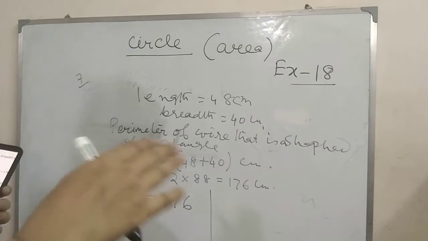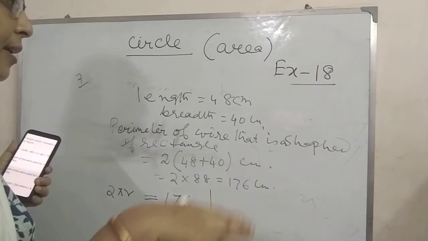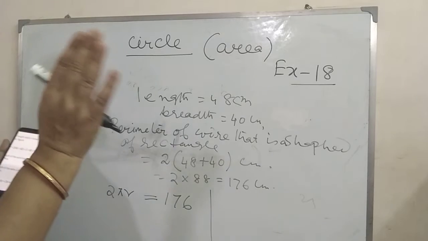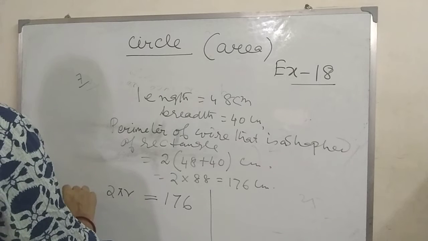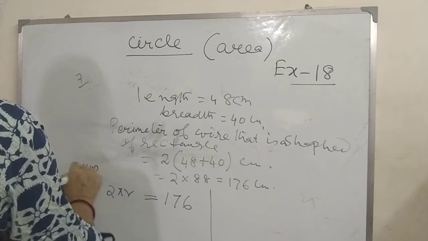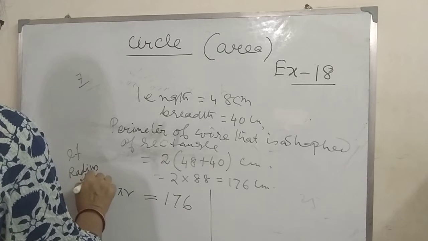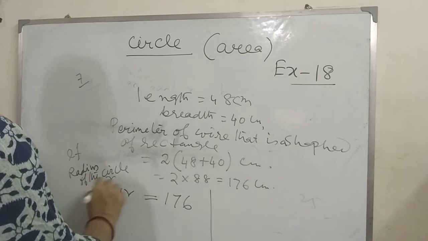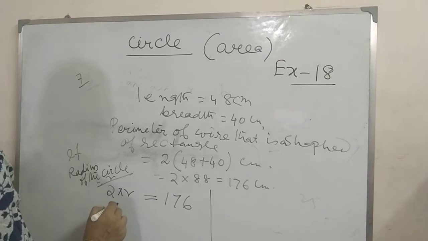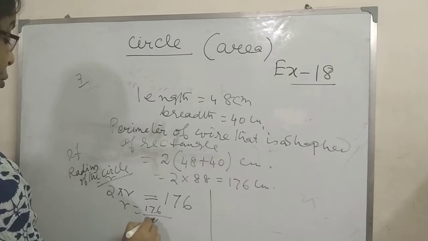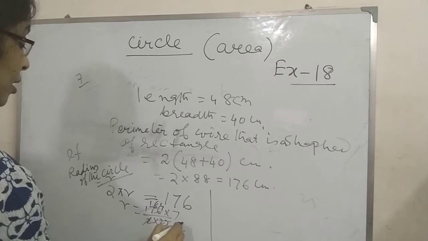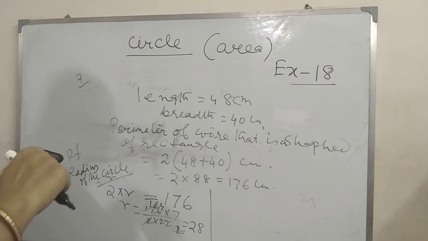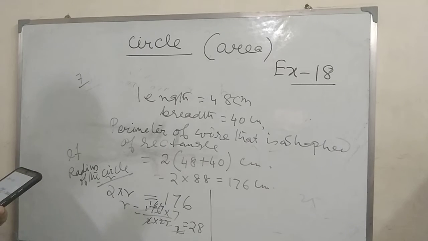First of all, this wire is bent in the shape of a rectangle, and the same wire is bent in the shape of a circle. If the radius of the circle equals r, then 2 pi r equals 176, that is r equals 176 by 2 into 22 into 7. 11 and 2, 11 1s are 6, 2 4s are 4, 28. Okay, r equals 28.